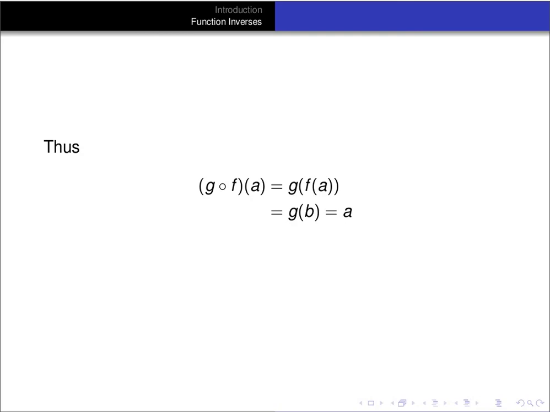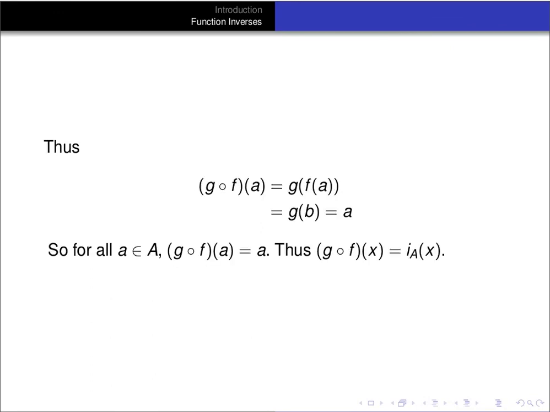So G composed with F of a is equal to a for every a in A. And that of course means that G composed with F is the identity on A. Okay. So for all a in A, G composed with F of a is equal to a. So G composed with F is the identity on A.